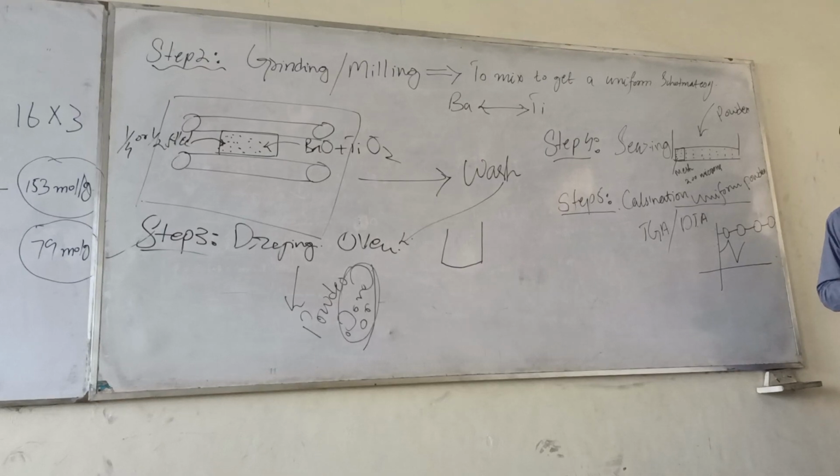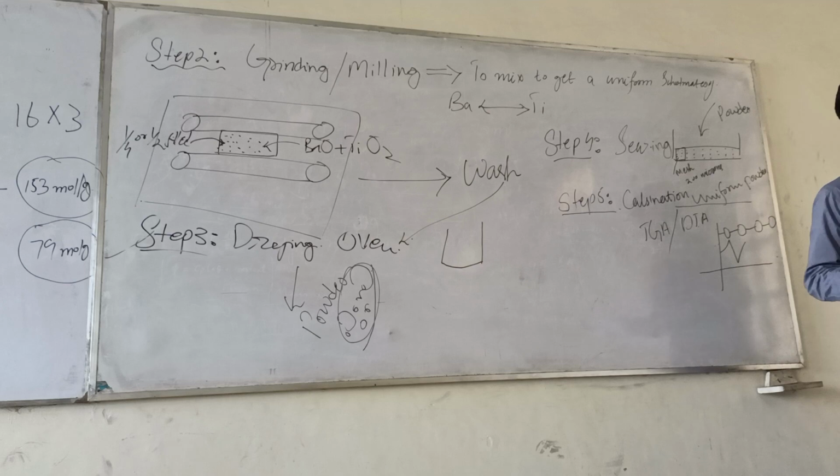Okay, if your phase is almost unknown, for example, you are going to synthesize some new kind of material and you don't know what is the calcination temperature because it is not given in literature, then take it to the TGA process, and from here you will pick the required calcination temperature.